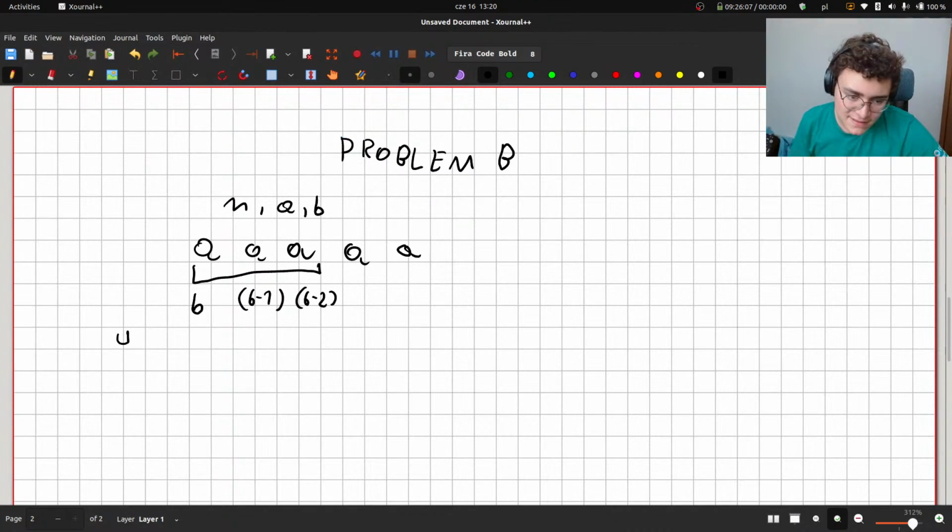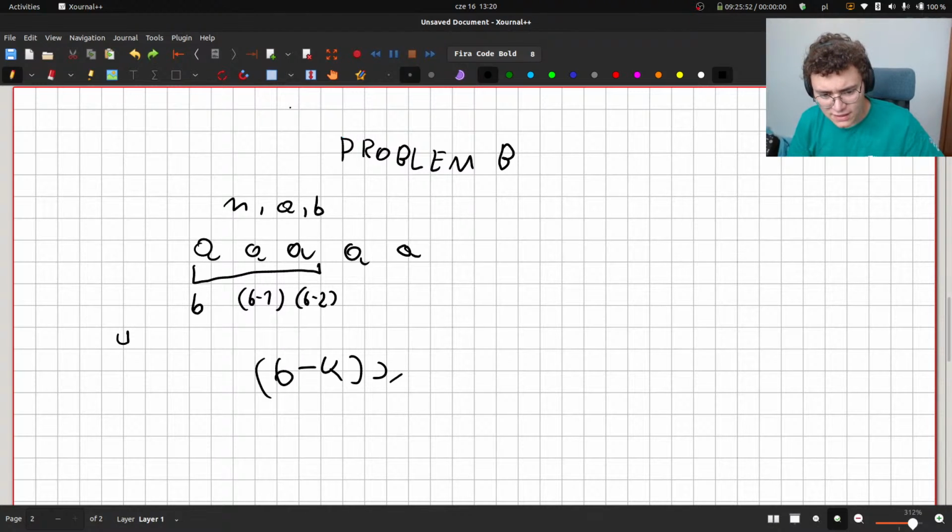We can notice that we'll want to choose this prefix as long as we choose k such that b minus k is greater than a, right?